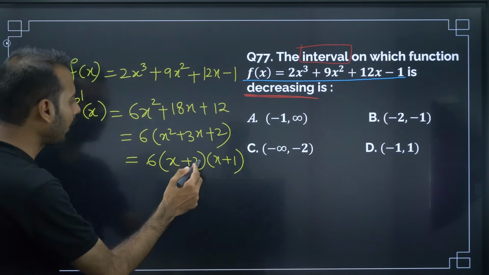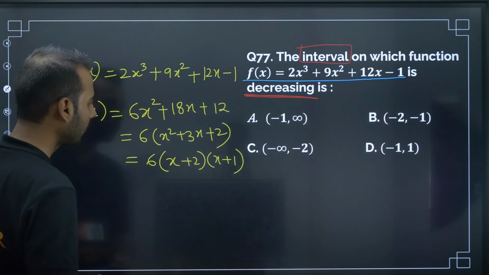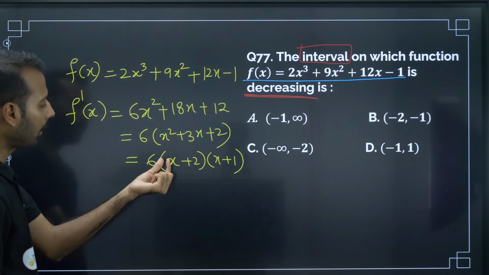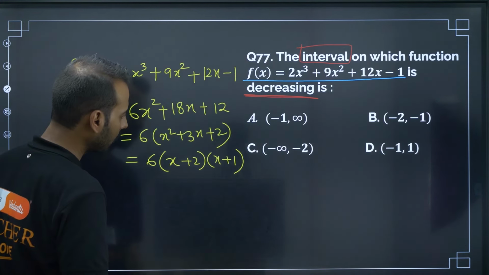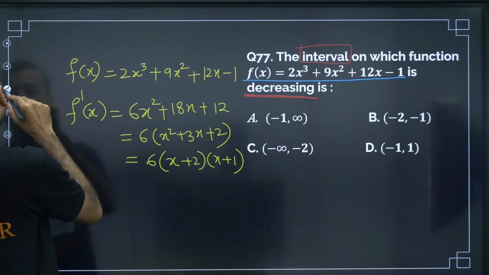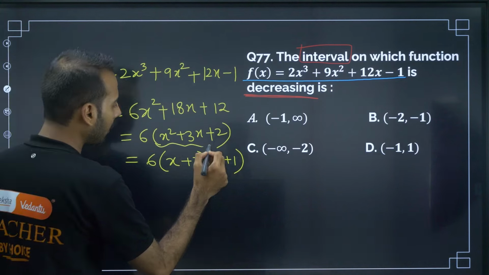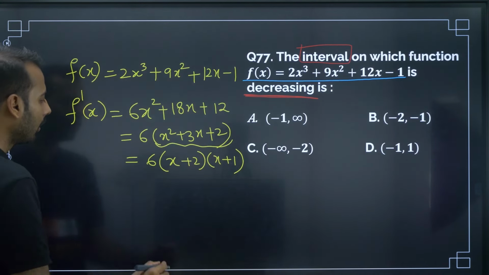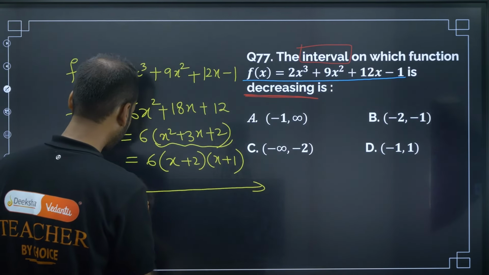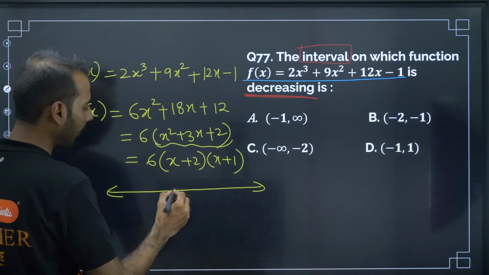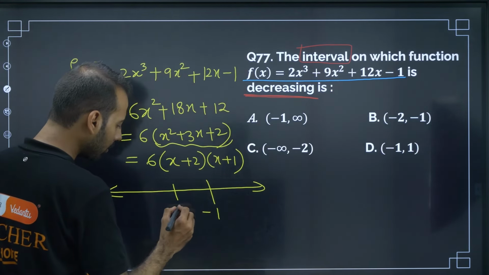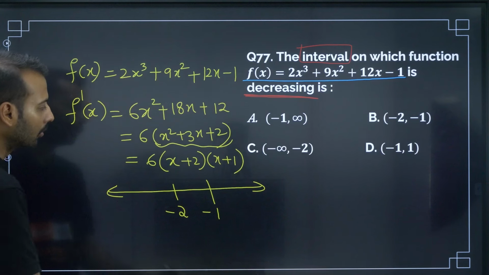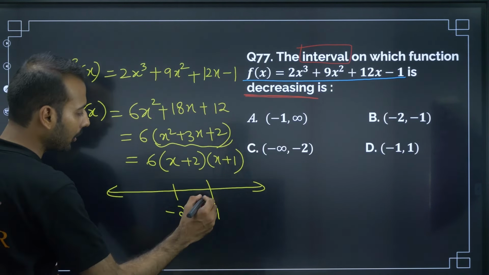Let me check after splitting: x square plus x plus 2x plus 2. Okay, fine, this is fine. So for this quadratic equation I am writing it like this. Now let me take a number line. If I am considering the number line, this is -1 and this is -2. Just I am taking the critical points.